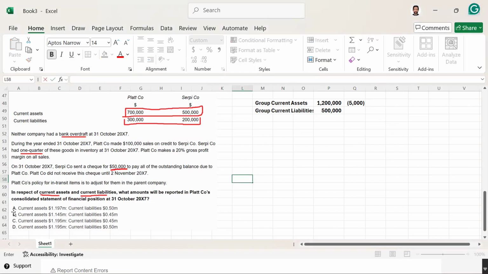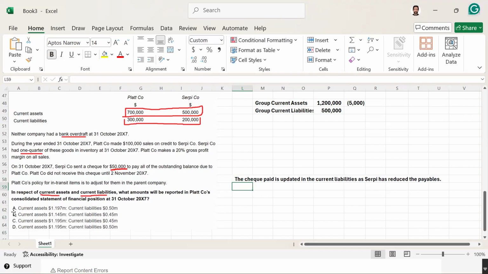I will say the check paid is updated in the current liabilities, as this company Serpico has reduced the payables.